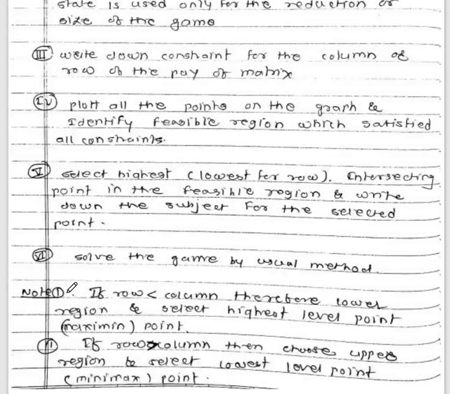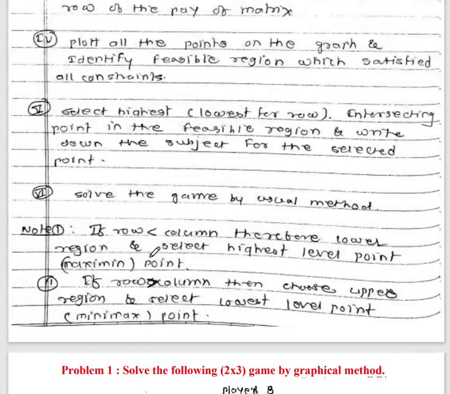Then solve the game by the usual 2 by 2 method. So here you have to note two points. If rows are less than columns, then in that case we will choose the lower region and select the highest level point, and that point is called the maximin point.